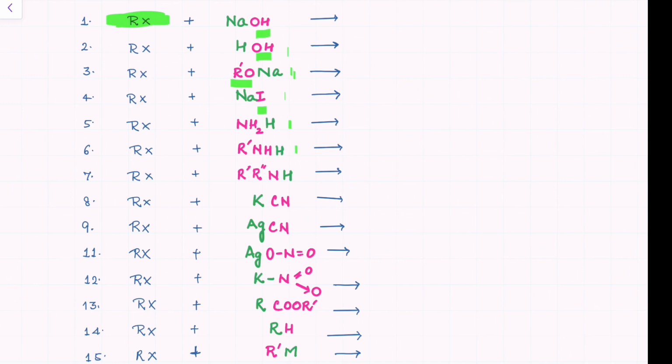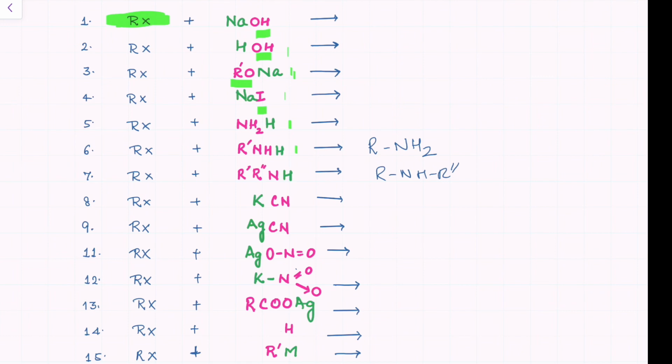6th we are reacting with amines, 7th we are reacting with secondary amines, 8th we are reacting with cyanides, 9th also it is cyanide, right? And in the 11th and 12th the nucleophilic part is NO2, 13th it is silver acetate. So Ag is the plus part and this part is alkanoate, the negative part.